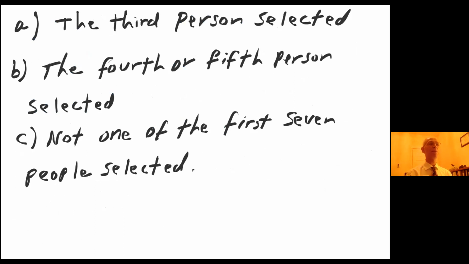Now, what's the probability that the success happens on the third person? So the third person that you pick is a person who had to try to quit 4 times. Part B, the 4th or 5th person. Part C, not one of the first 7 people selected. So let's go to the next page and do first part A, the third person selected.